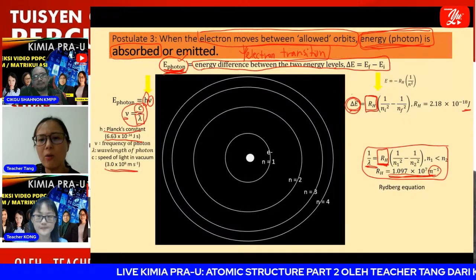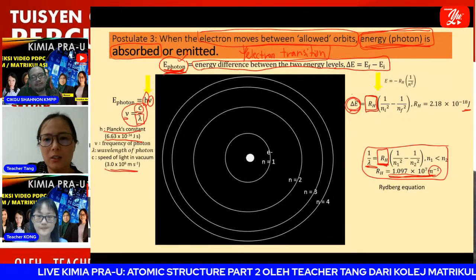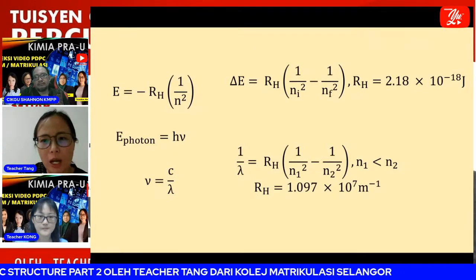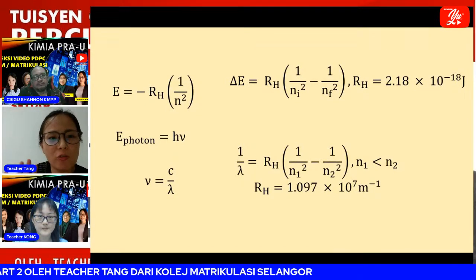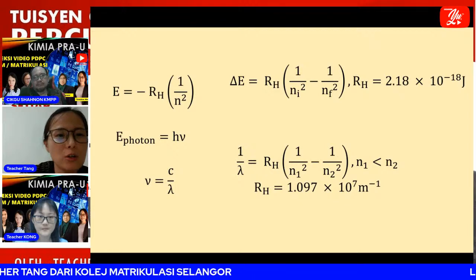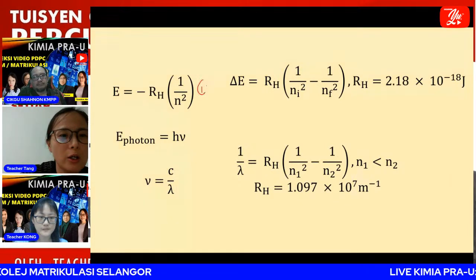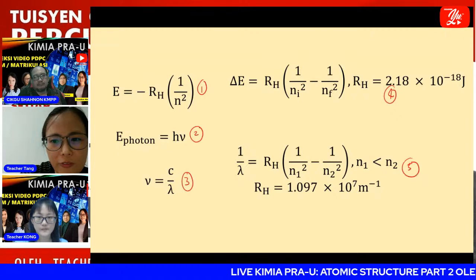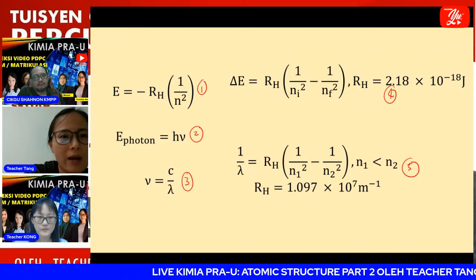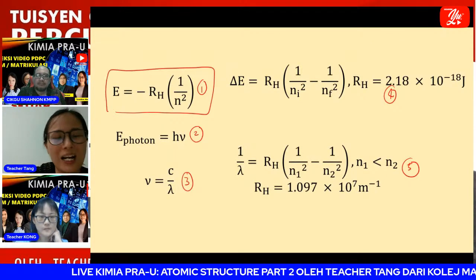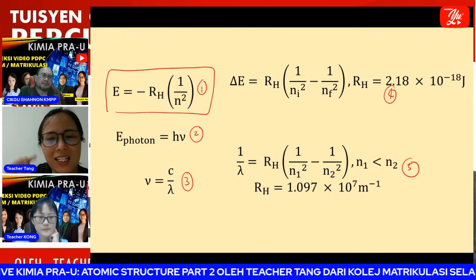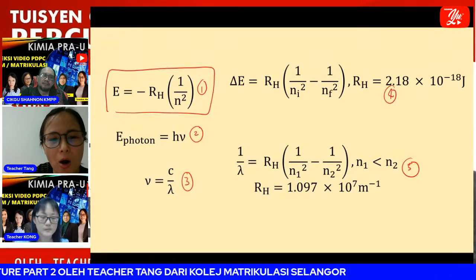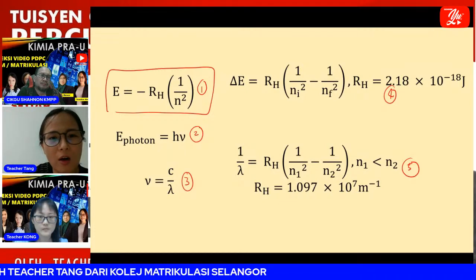Now we move on to look at how to use all these formulas. I have introduced 5 formulas to you: the first, second, third, fourth, and the fifth. We have looked at the first one, which calculates the energy of an electron at a particular orbit and does not involve electron transitions.